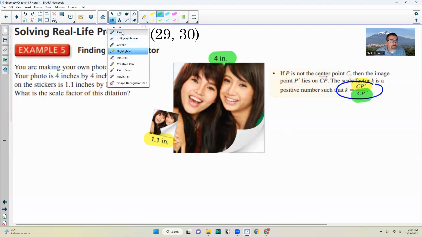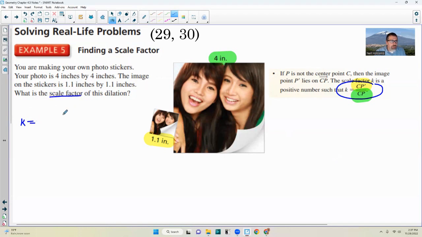So show your work. You would say k equals, okay, it says what is the scale factor? Scale factor is k. K equals the length of the side of the image, 1.1, divided by the length of the side of the pre-image, 4. Okay. And there it is.